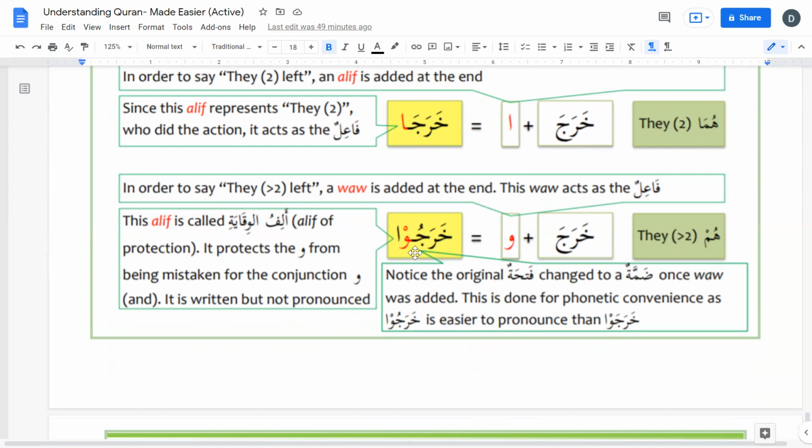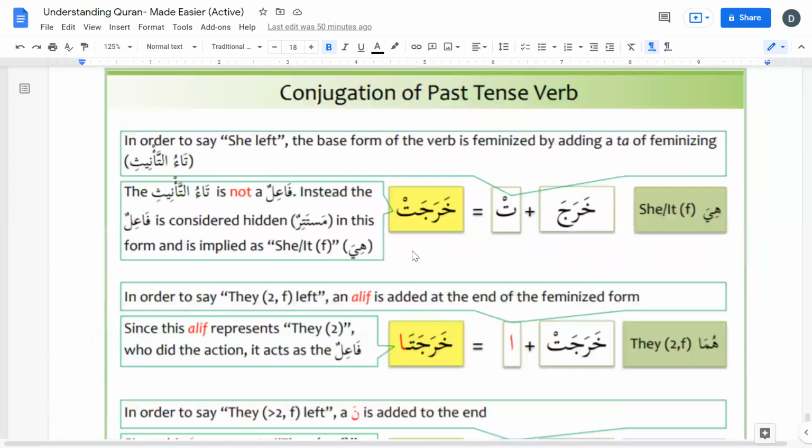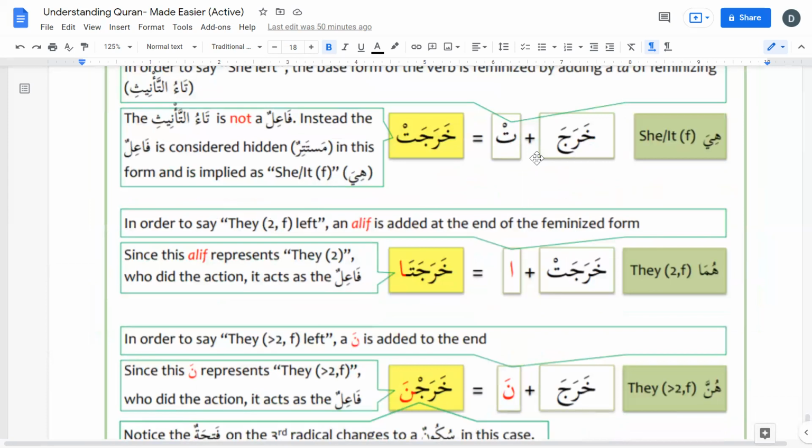Now we can see this is dhamir bariz. We can see it. So this alif as a doer in kharaja, huma version, and this waw in the plural hum version, they are apparent. But in huwa and hiya, we don't see the fa'il. In both cases, huwa and hiya are hidden, and these are mustatir.